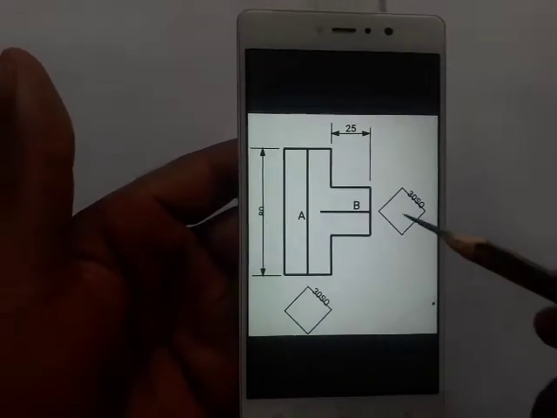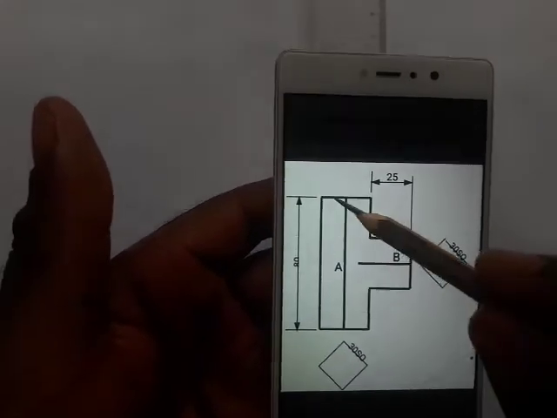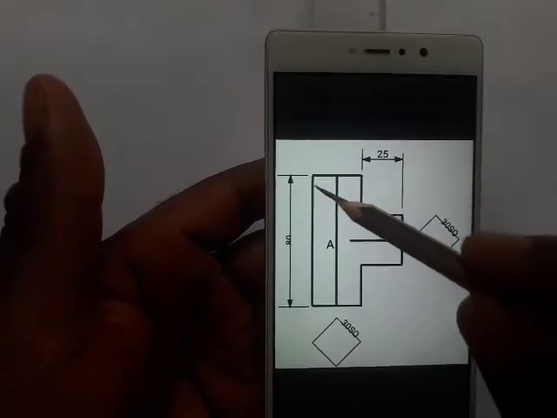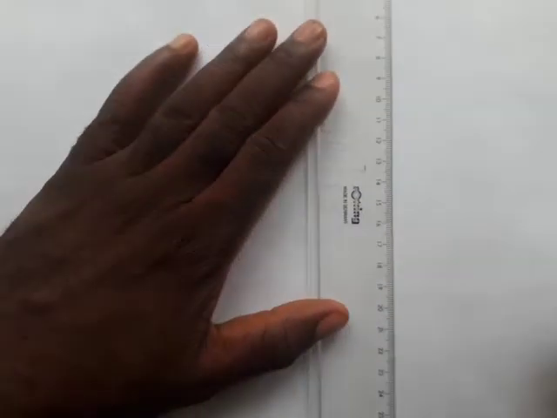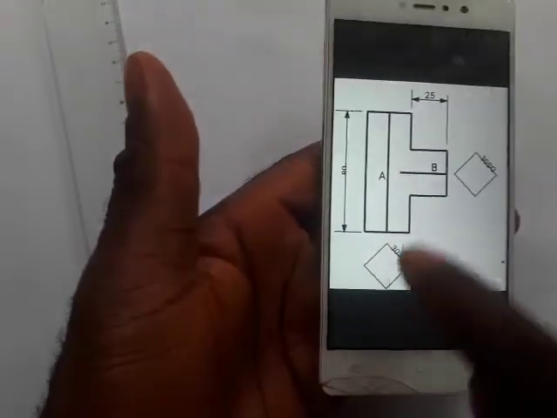Don't forget we're going to develop pipe A and pipe B. This is the seam for pipe A, we're going to give it a label later, and this is the seam for pipe B. So draw a thin line from up downward, thin. Now watch the way I'm going to draw the squares.